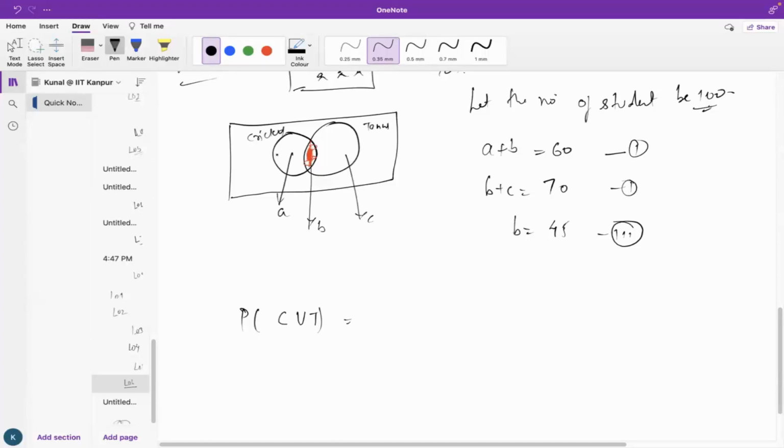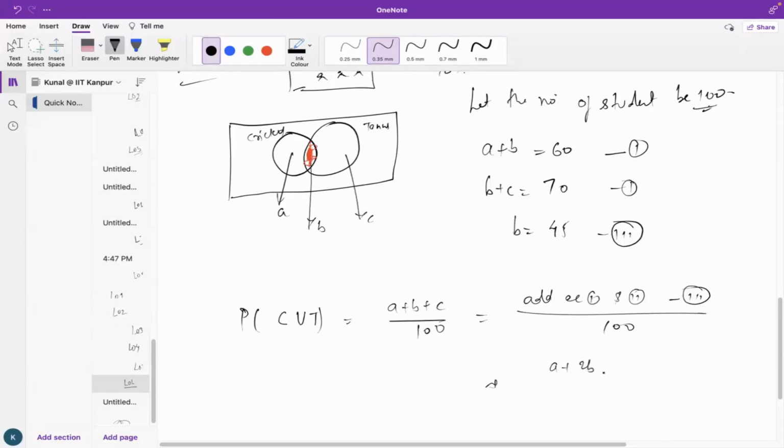Okay. So what I'm trying to say here is there will be A plus B plus C by 100. So this is our probability. So when we add the whole thing, A plus B plus C, what will we get? I think we know the value of B, right? So I'm going to add equations 1 and 2 and subtract the third equation. So what we'll get by 100. So when we add equations 1 and 2, what will we get?